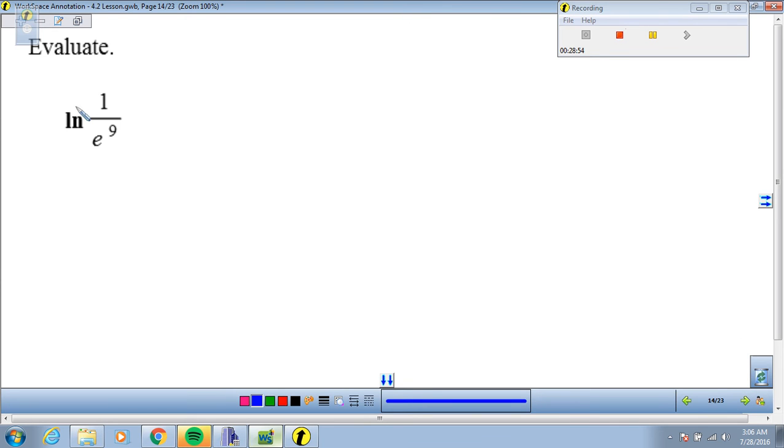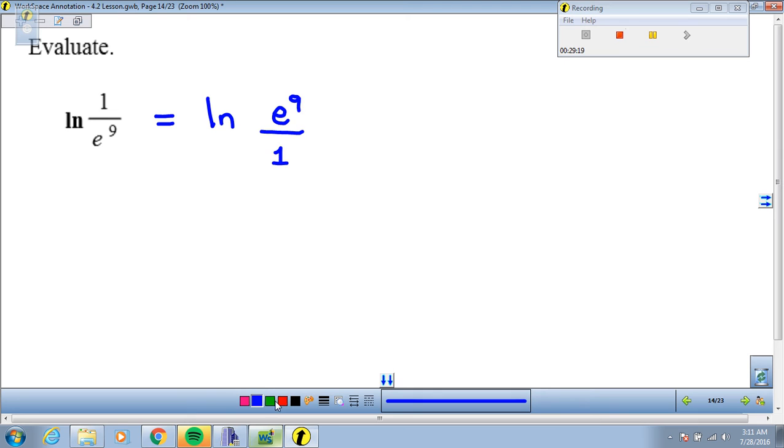Evaluate this. Okay. So in the previous lesson we learned, and I'm going to rewrite this, that when you have a fraction and you flip it around, so instead of 1 over e to the 9th, let's write e to the 9 over 1.